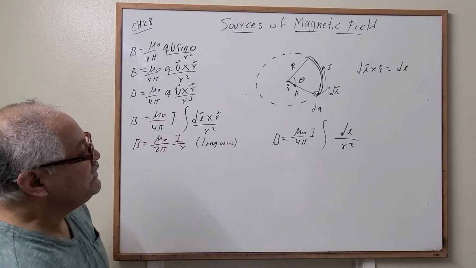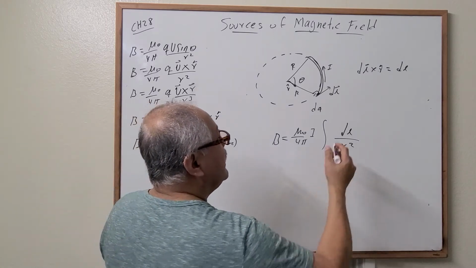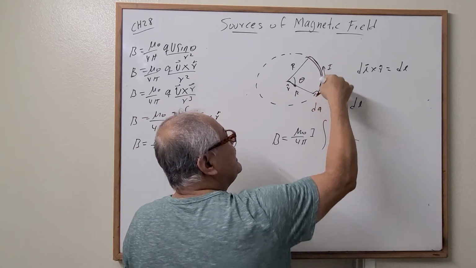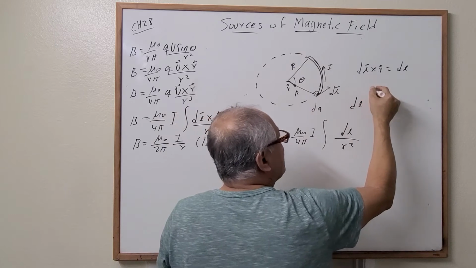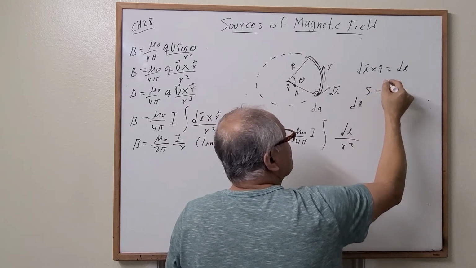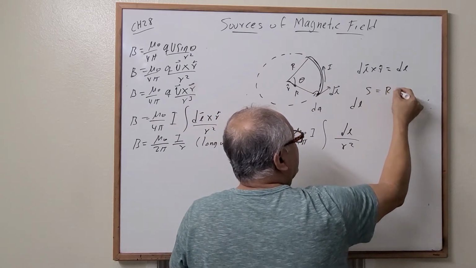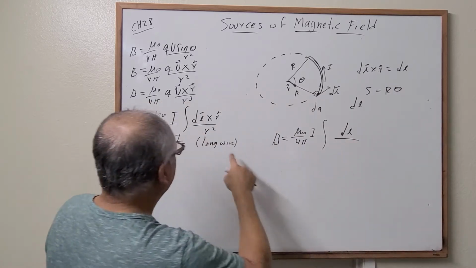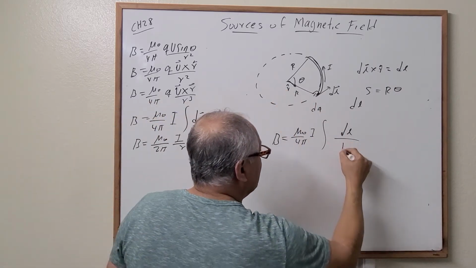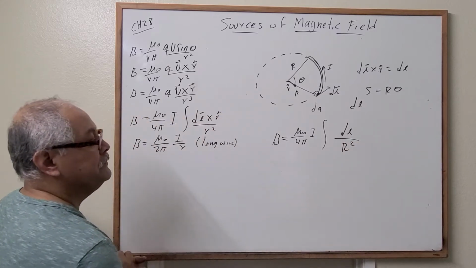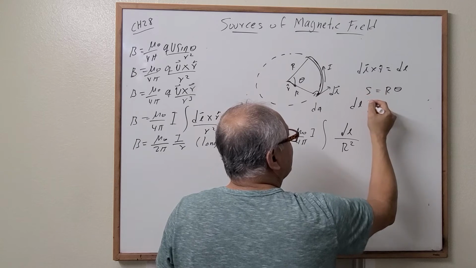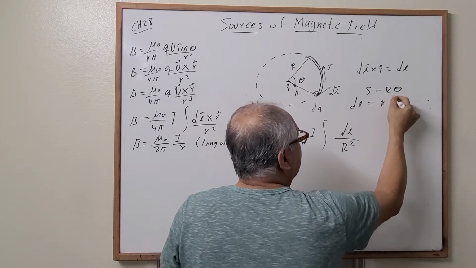But what is dl? Well, remember, we're dealing with this arc length. Remember, we have this formula: S, the arc length, equals r times theta. In this case, r is this r, big R squared. Now from here we have that dl is equal to r d theta.